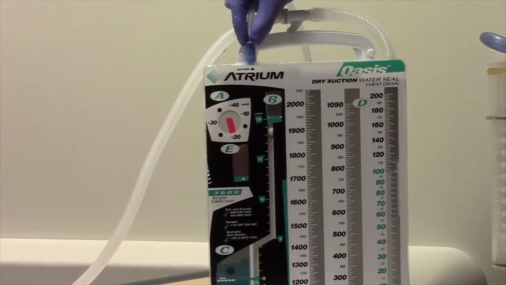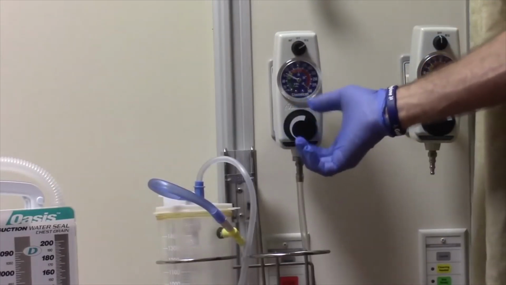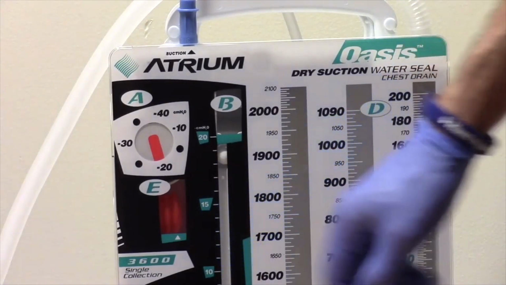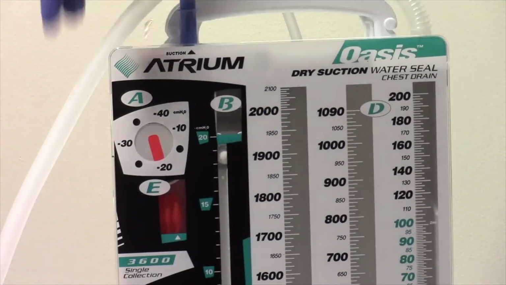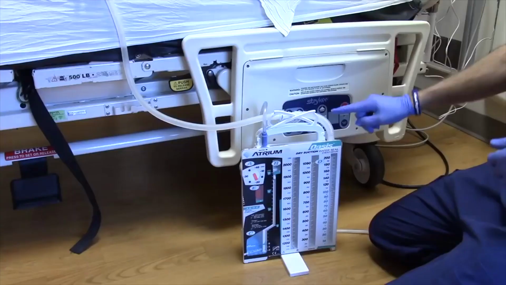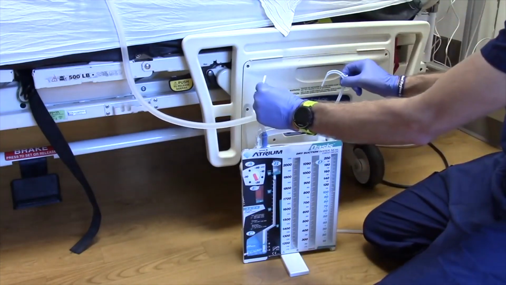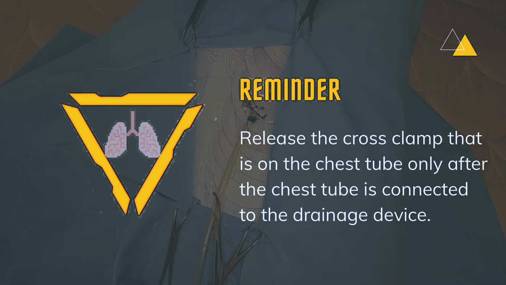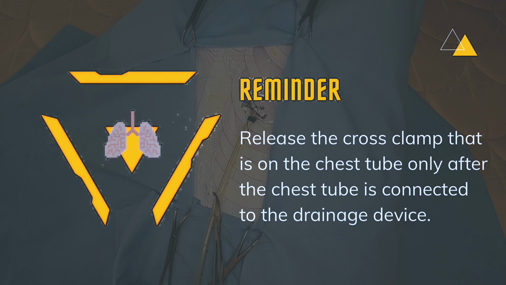Do this process carefully to avoid iatrogenic injuries. Reminder: release the cross clamp that is on the chest tube only after the chest tube is connected to the drainage device.